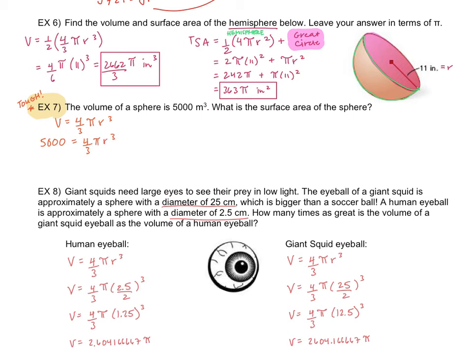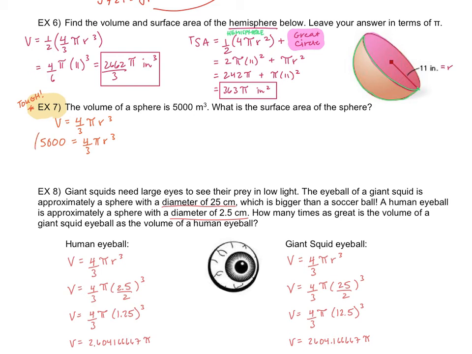4/3 times pi times r cubed. Now, from our previous problem, number 5, we have to solve for r. Since pi is not on both sides, the best thing to do here is to get rid of this 4/3. We could do this in 2 steps, but I'm going to do it in 1 step because multiplying by 4/3 is the opposite operation of multiplying by 3/4.